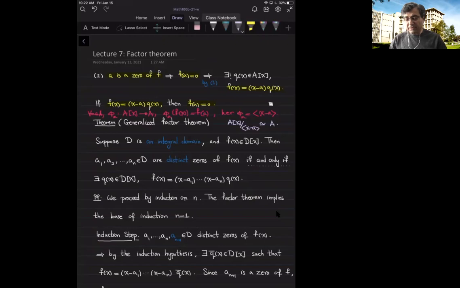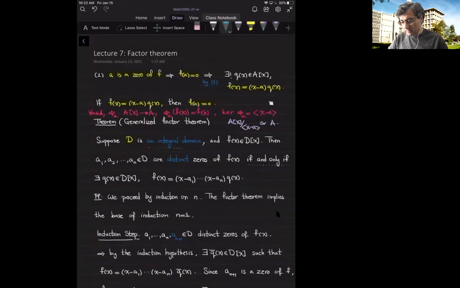So the factor theorem holds for every unital commutative ring, but the generalized factor theorem, as we call it, holds only for integral domains. So suppose D is an integral domain, and I give you a polynomial f with coefficients inside this integral domain, and we are told that this polynomial f has distinct zeros a1, a2, ..., an.